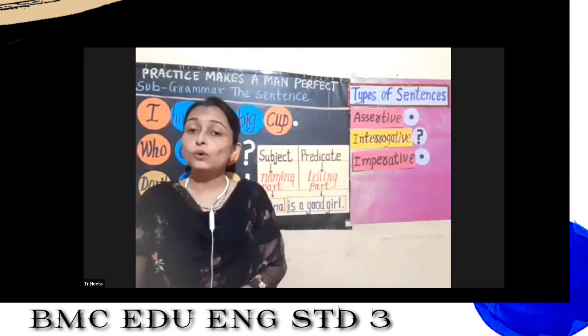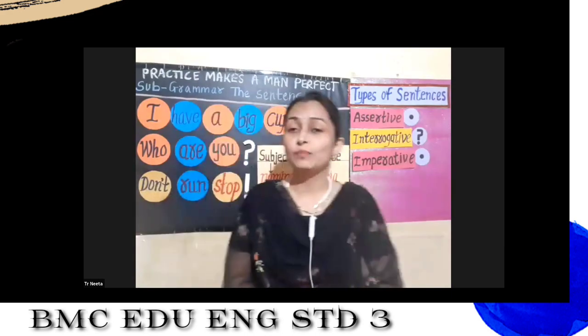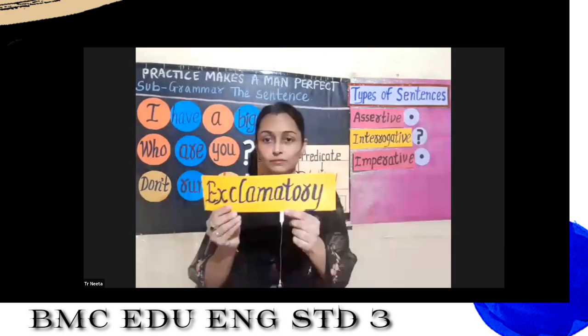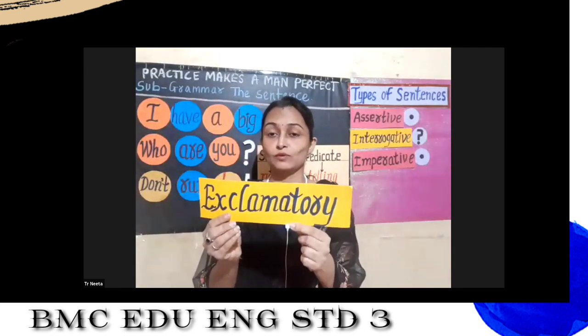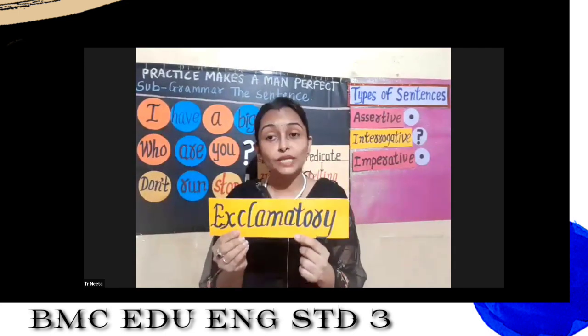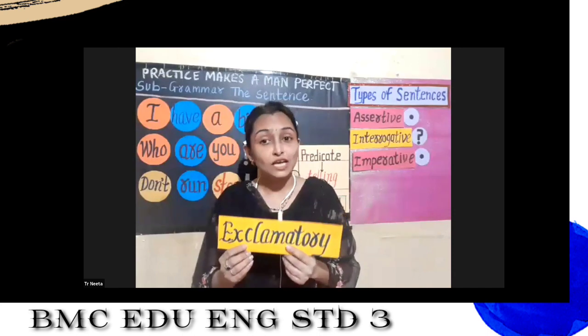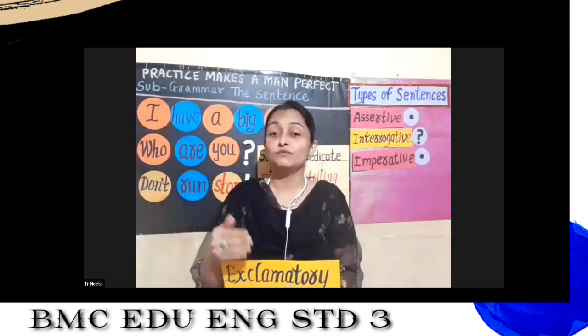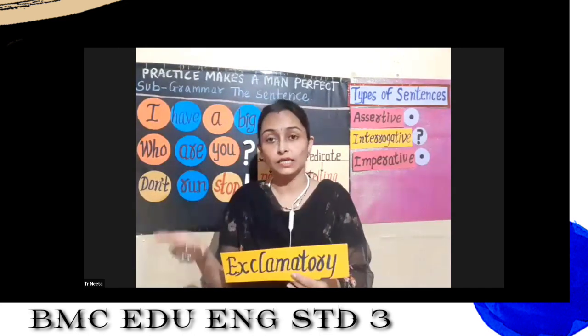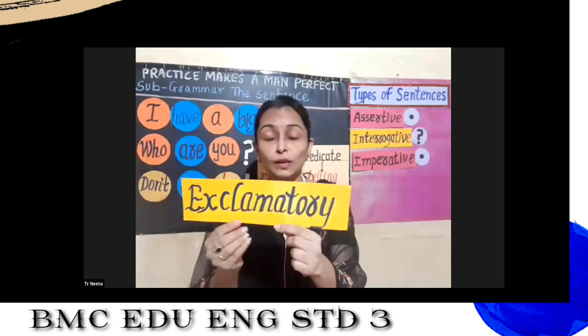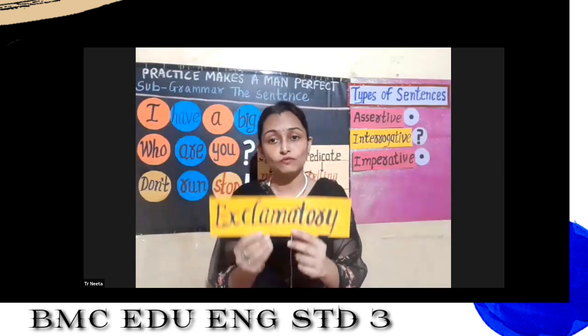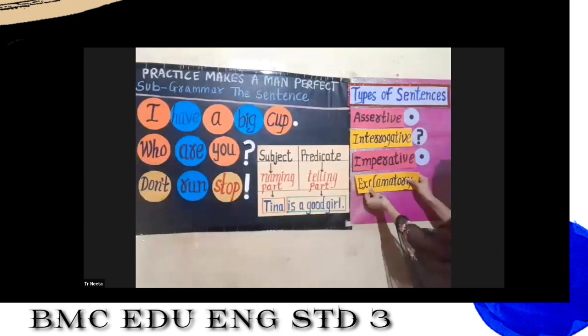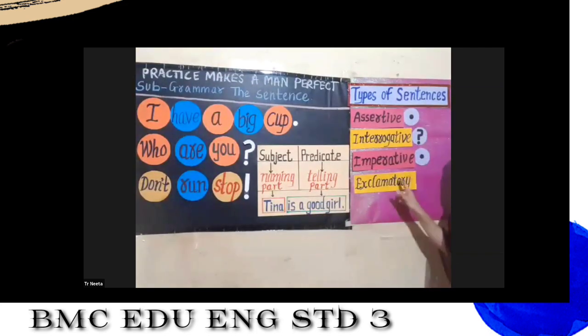Okay, now the last, fourth type of sentence is the exclamatory type of sentence. Now, exclamatory means what? Which we can use to express anything. Here I'm going to place it, exclamatory type of sentence.